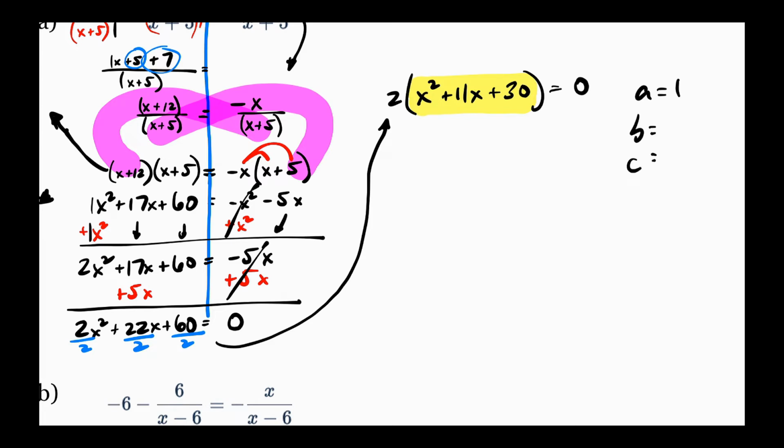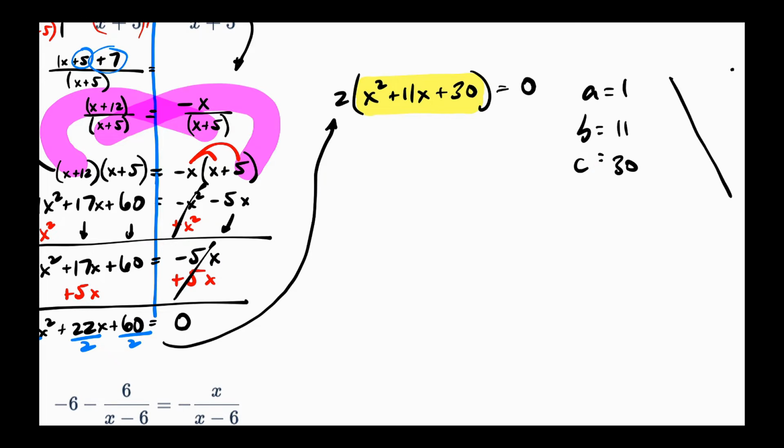A is 1, B is 11, C is 30. So multiplies to be 30, adds to be 11. There you go. Positive, positive, 6 and 5. So I get a 2 out in front.